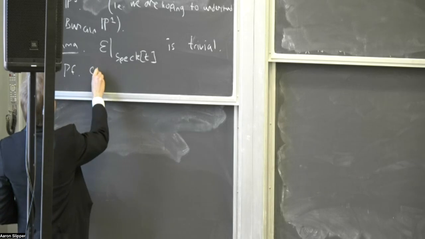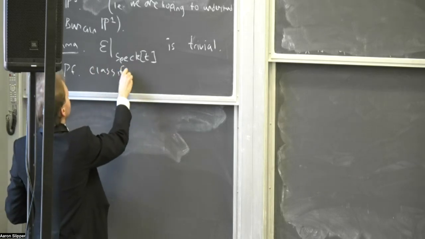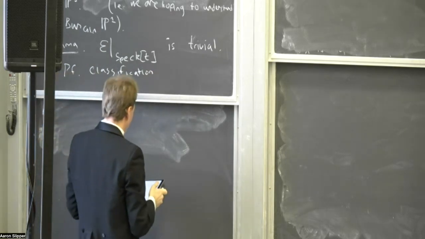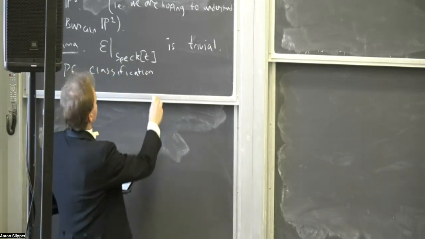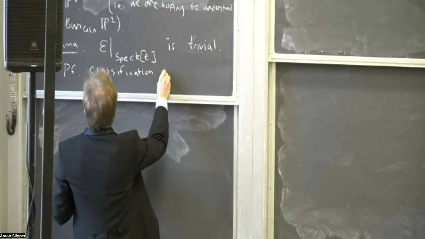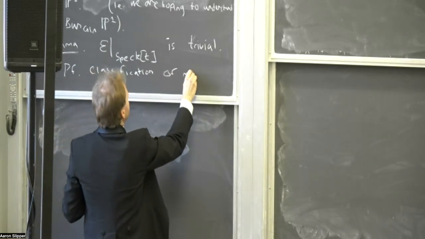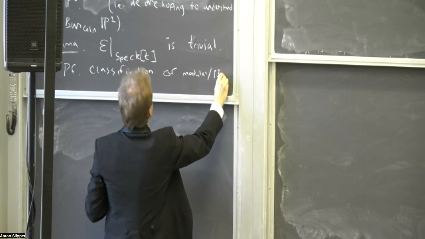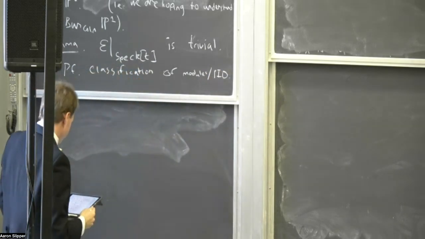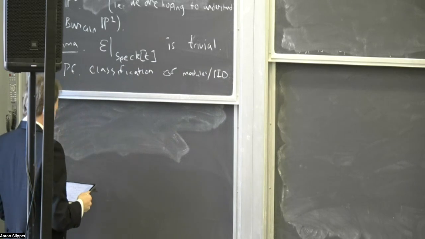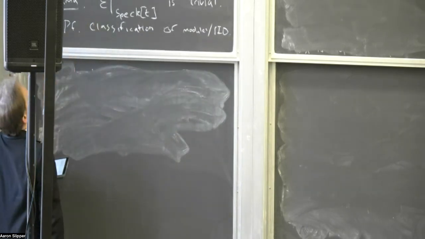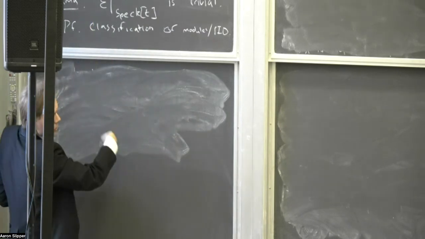So, classification over a PID. I said it but won't write it down because my handwriting is much slower than my speaking, and this is certainly not the most interesting part of what I'm hoping to get to. The punchline being that K[T] is a PID. So for this reason, we can always trivialize E on the upper and on the lower.